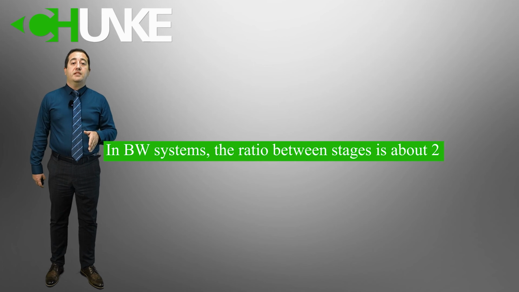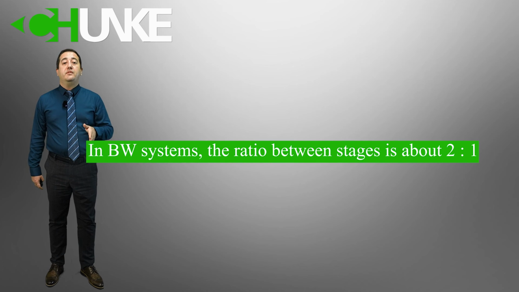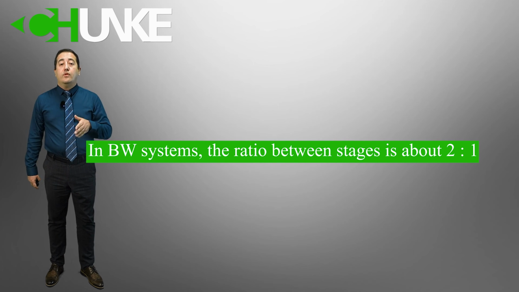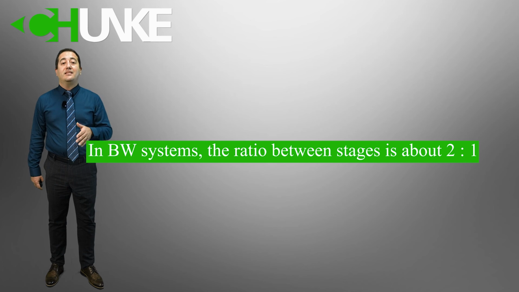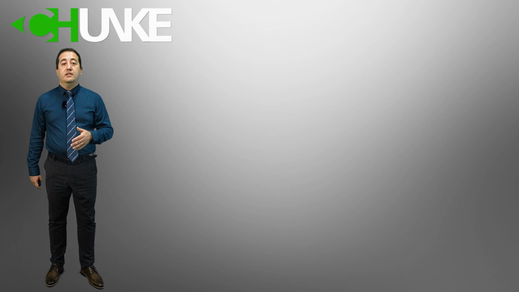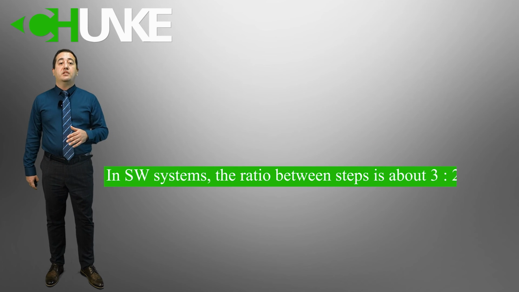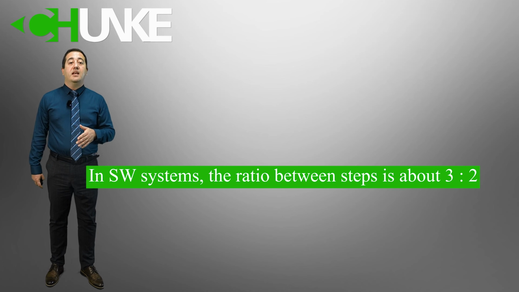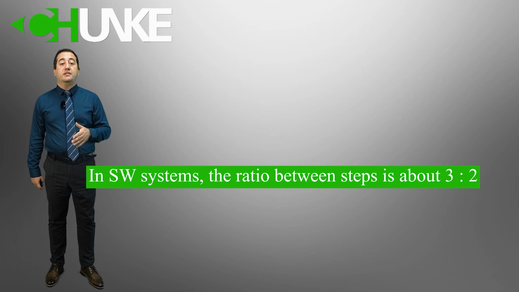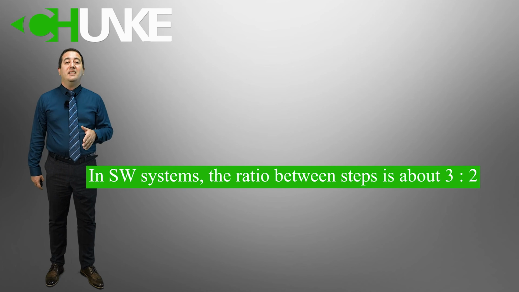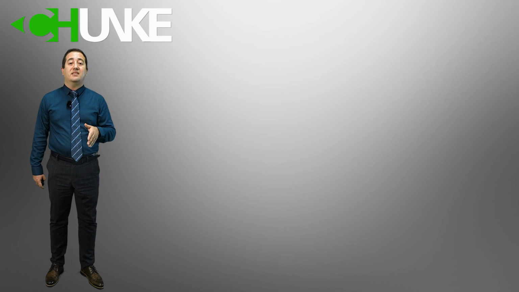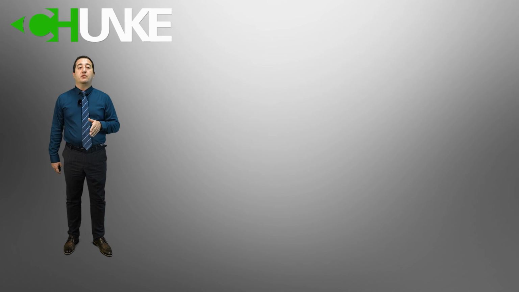In brackish water systems, staging ratios between 2 subsequent stages are usually close to 2:1 for 6-element vessels and less than that for shorter vessels. In a 2-stage seawater system with 6-element vessels, the typical staging ratio is 3:2. The ideal staging of a system is such that each stage operates at the same fraction of the system recovery, provided that all pressure vessels contain the same number of elements.